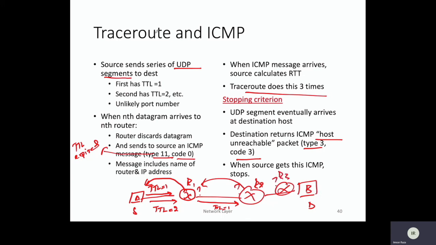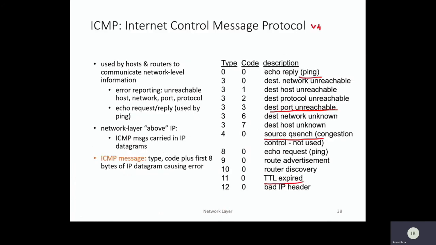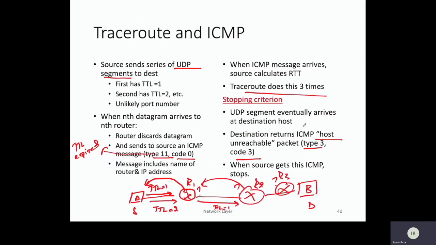So we can see clearly that ICMP not only allows us to report very important errors, such as destination host is unreachable or port is unreachable, but it is also used for other very important commands like ping, where we send an echo request and receive an echo reply, or for traceroute.